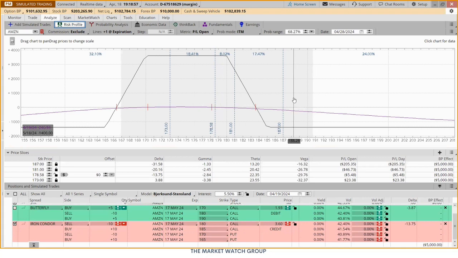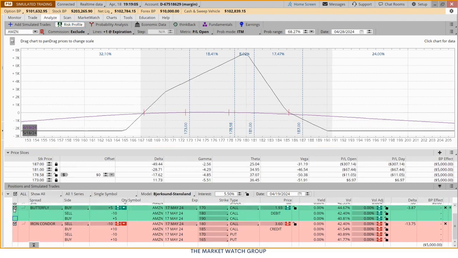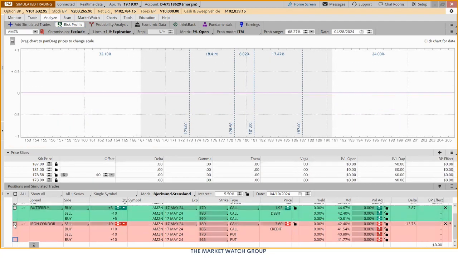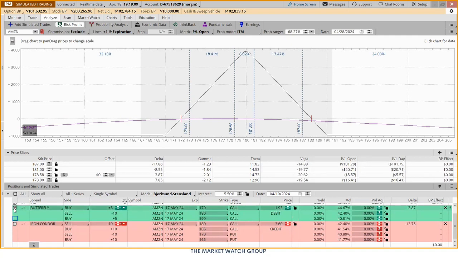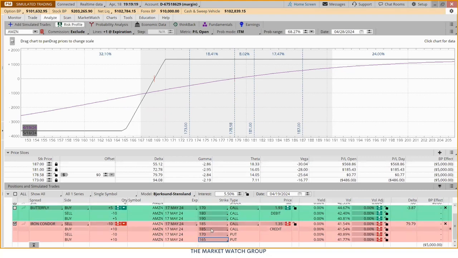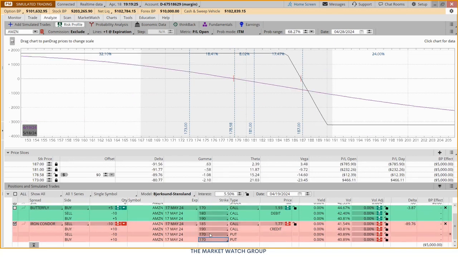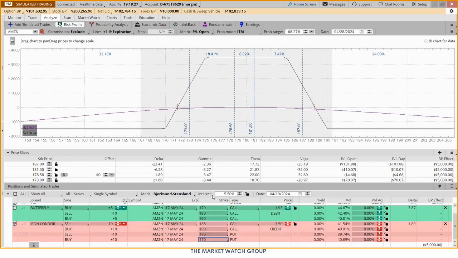Now you can see here, I can definitely make this wider. Where did I want the butterfly? Closer to the 180 level. So let's even move this up 1 and this up 1. So I'm going to go 185, 190, and then I'm going to go 170, 175.